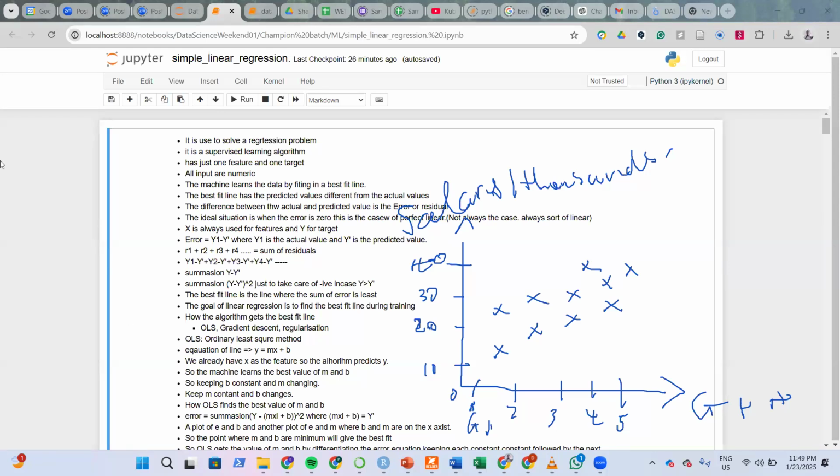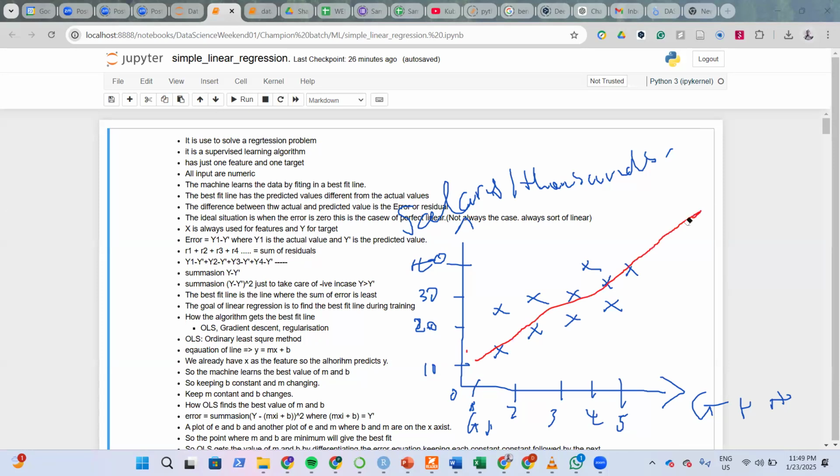Let me explain this in detail because this is the brain behind linear regression. It plots the data points during training, and after plotting them, it finds a line of best fit across the data points, right? A line of best fit.